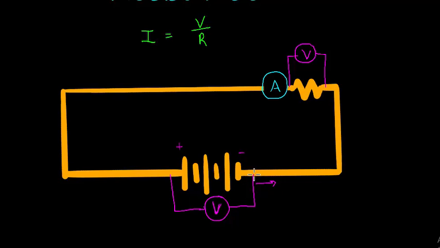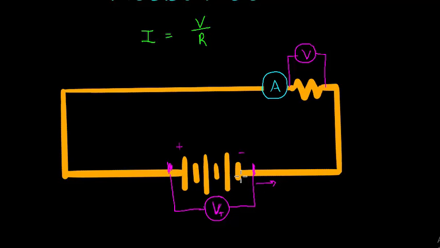So as we get here, the difference of the energy that the electrons have at this point, or a coulomb of electrons have at this point and this point, is literally the amount of energy that the battery is giving each coulomb. So this is literally the total energy that a coulomb of electrons have to spend.